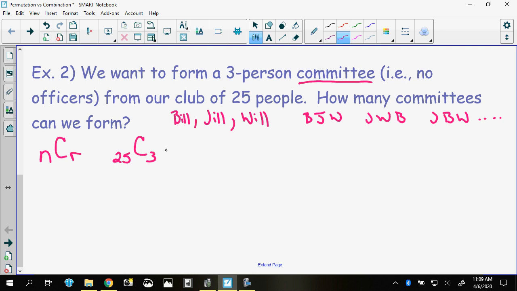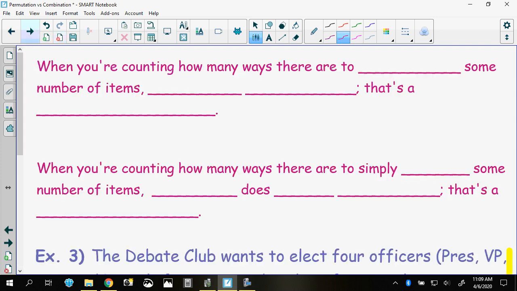So big difference between 13,800 and 2,300. So lots of combinations that were the same. Okay, moving on to the next page.